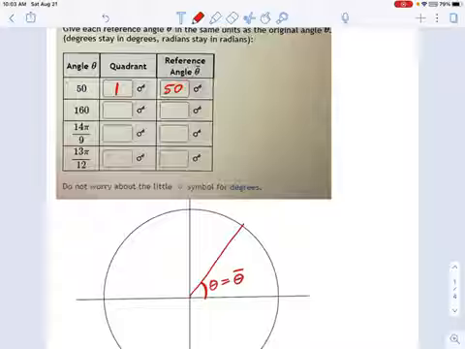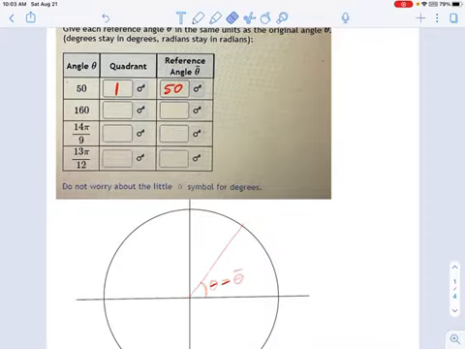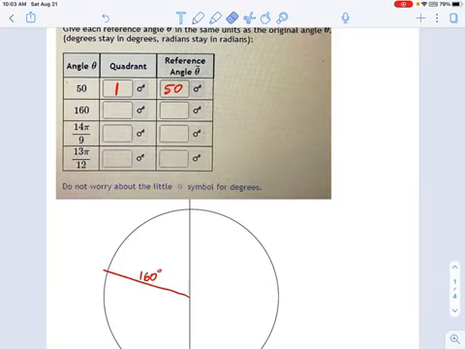Now, let's talk about 160 degrees. Where is 160 degrees? Well, if you think about your unit circle, way over here you have 180 degrees, right? That's halfway around. So 160 is going to be pretty far around. It's going to be like right here or something. So if that's 160 degrees, what is the reference angle?